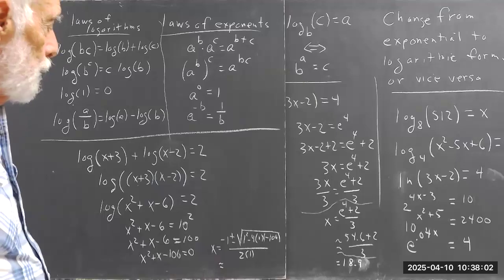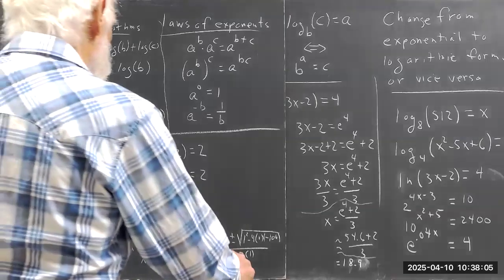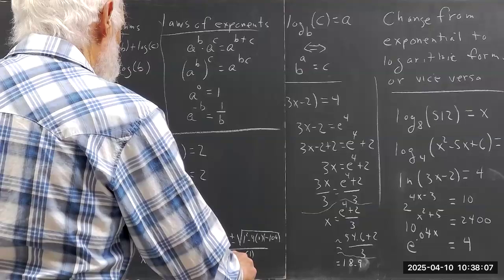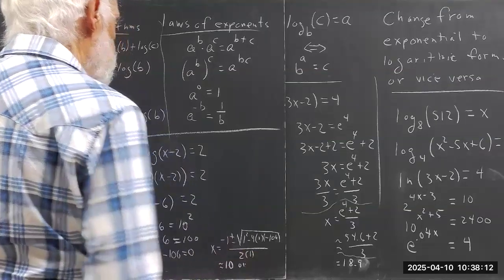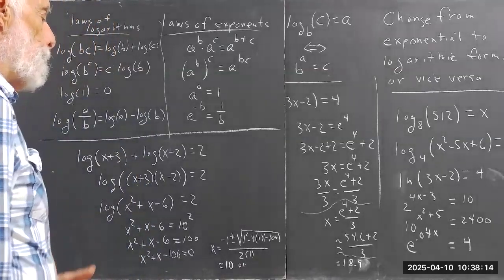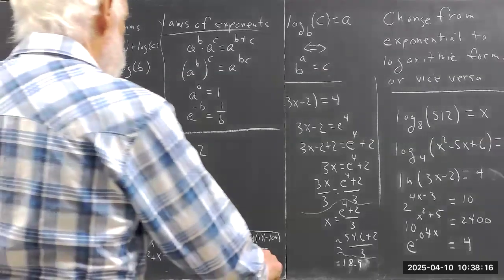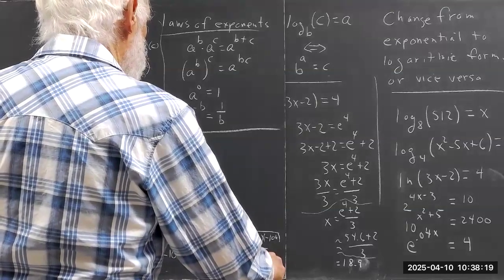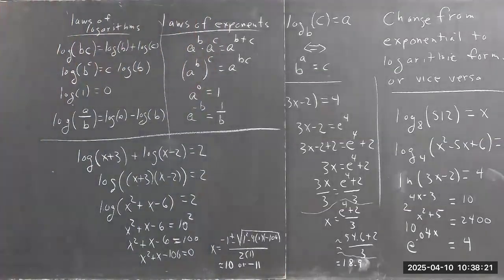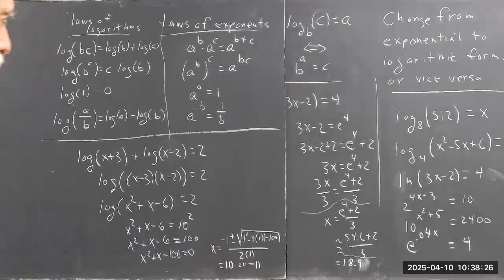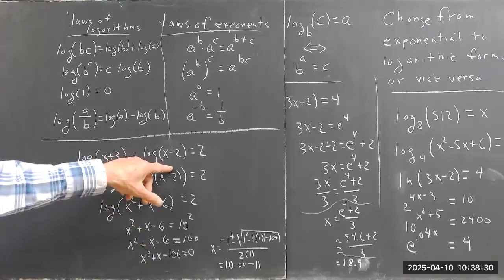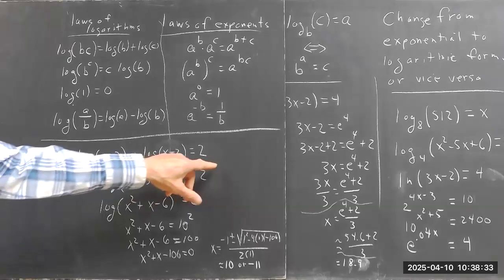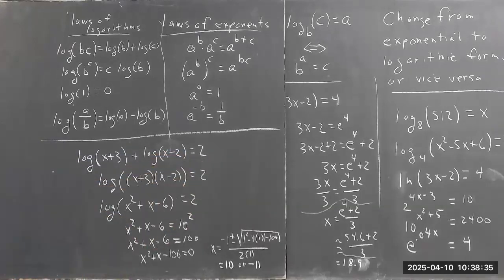So you have negative 1 plus 21, which is 20, so that's approximately 10. Minus 21, which would be minus 22 over 2, which is negative 2. So then you could plug 10 in here, 11 in here, and check to see if the sum is pretty close to 2.